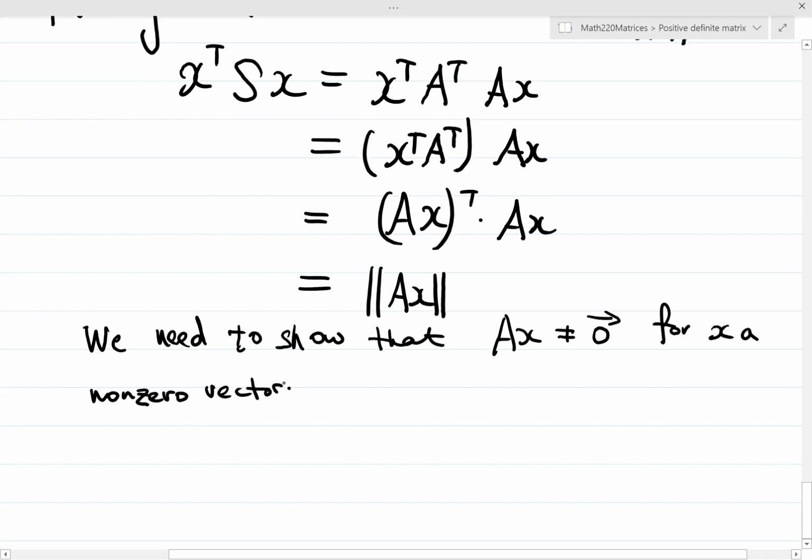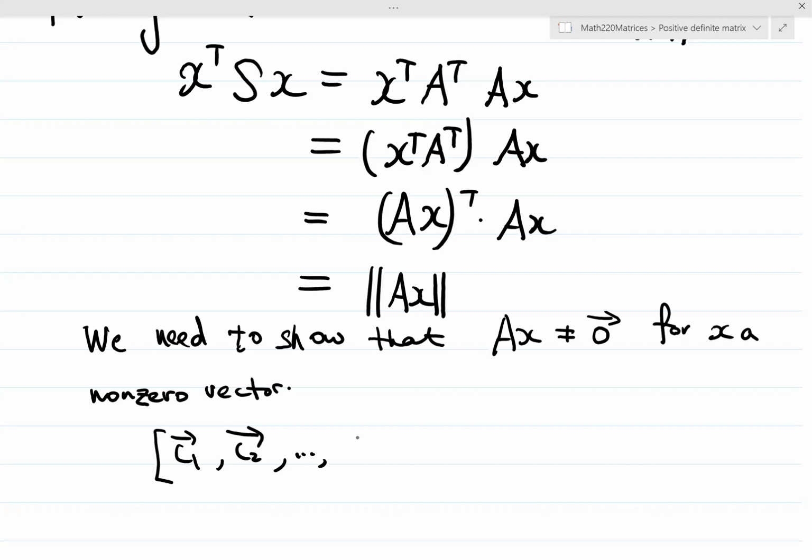Let's use c1, c2, up to cn for the column vectors of A, which we know are linearly independent. Remember A is m rows, n columns.